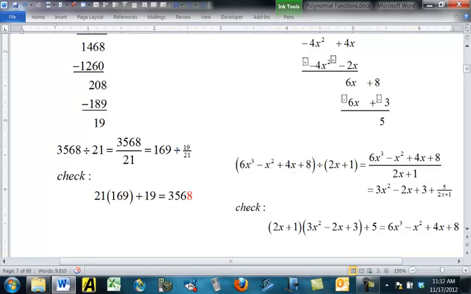In mixed numbers, we often suppress the plus there. We can check it by saying 21 times the 169, and then add 19, and that should be the number that we started with.